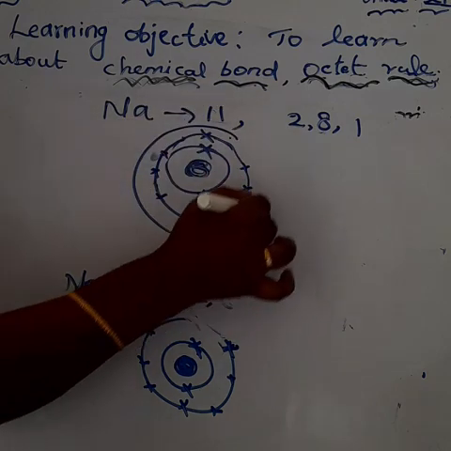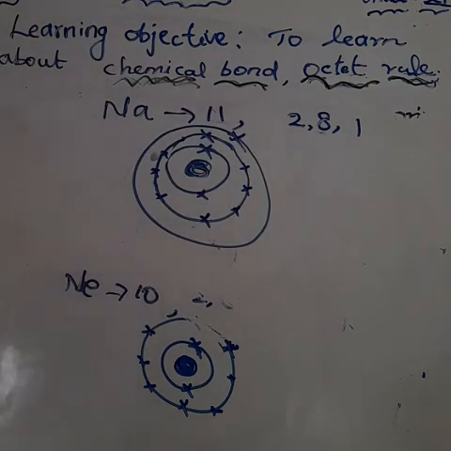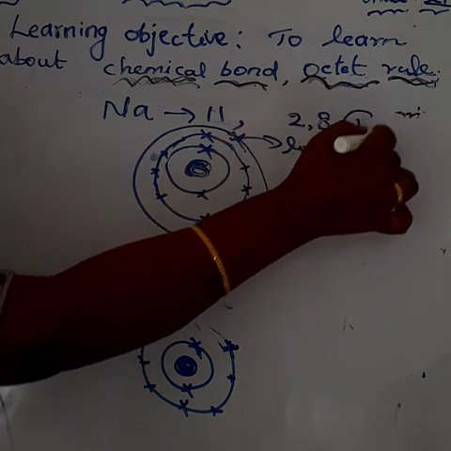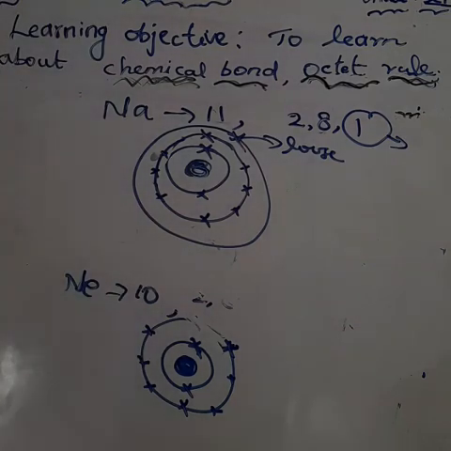So the sodium atom is not stable now, because it has only 1 electron in the outermost orbit. It always tries to lose this electron to another atom. Then only can it become stable.